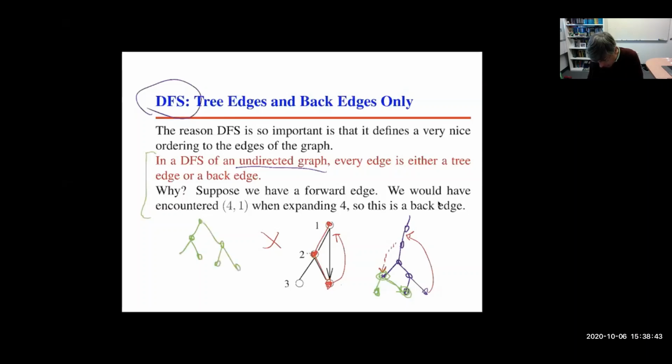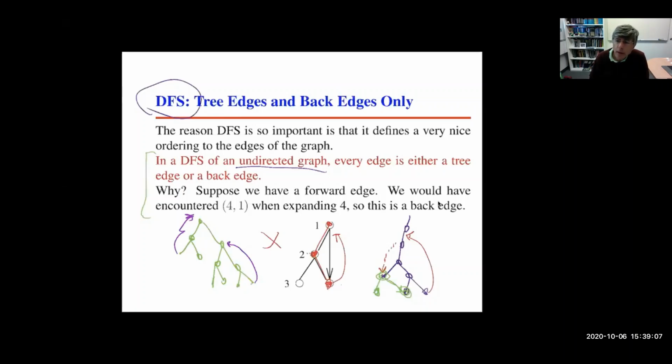Every vertex gets discovered, and every other edge goes from a vertex to an ancestor. Either it discovers somebody new or it goes to an ancestor. That is the organization that the depth first search does.